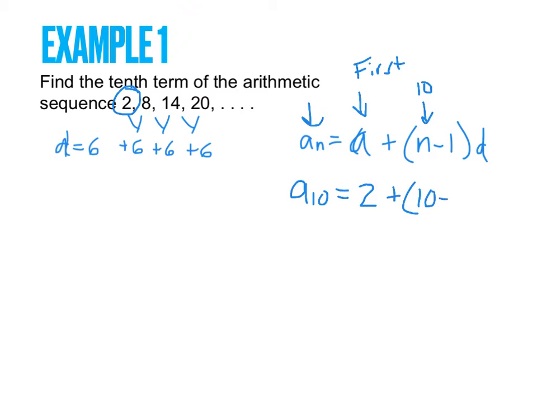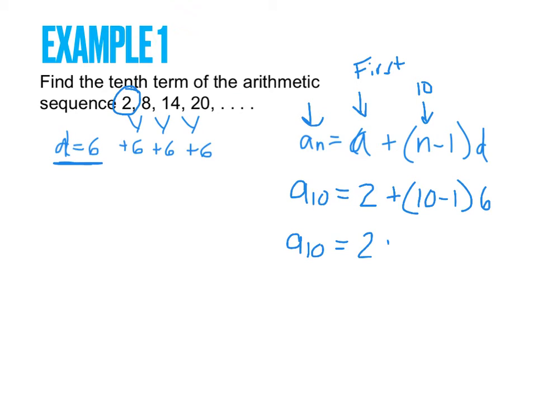So we have 10 minus 1. And then we said our common difference is 6, so D is 6. So our 10th term is going to be 2 plus 10 minus 1 times 6.